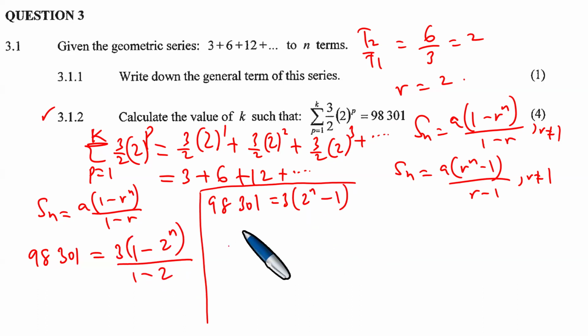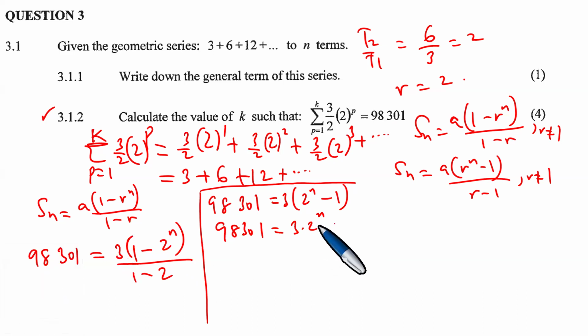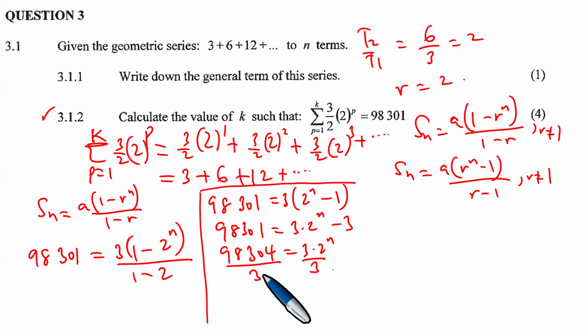Distributing the 3, we have 98,301 equals 3 times 2 to the power n, and then minus 3. You add this to either side: 98,304 equals 3 times 2 to the power n. You divide the left by 3 and the right by 3.